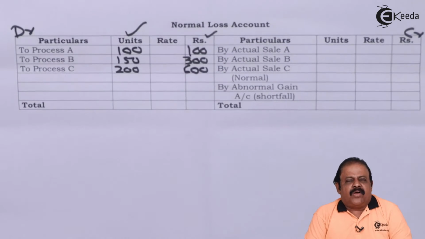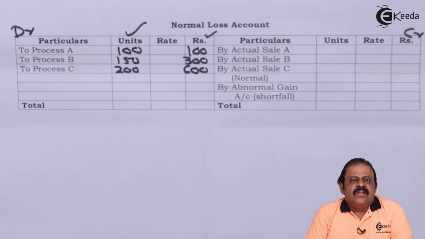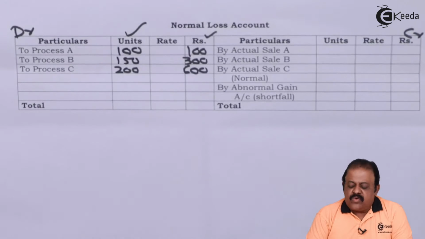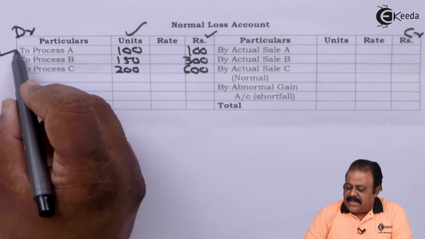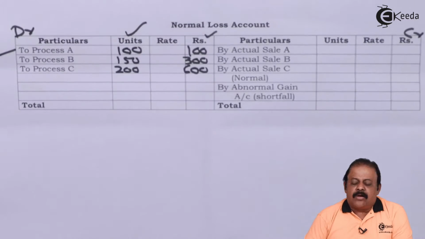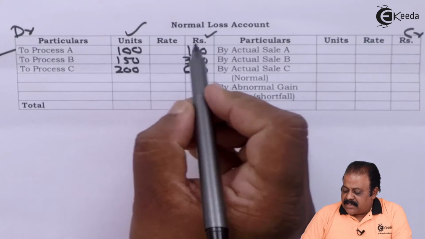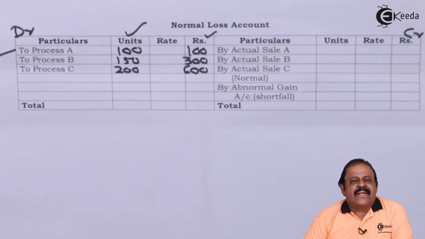Now in a particular process, suppose we got normal loss fully, meaning in that process there is no abnormal gain. So all the units of normal loss will arise and all those units will be sold. For example, in process A, we were expecting normal loss of 100 units and 100 rupees, and that has actually been sold.